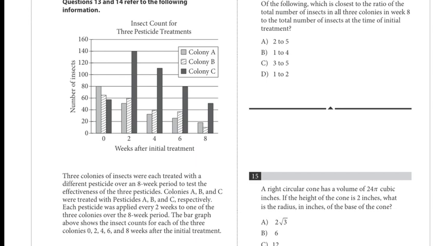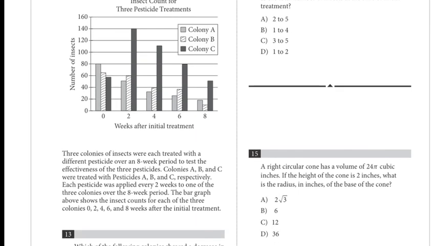Colonies A, B, and C were treated with pesticides A, B, and C respectively. Each pesticide was applied every 2 weeks to one of the 3 colonies over the 8-week period. The bar graph above shows the insect counts for each of the 3 colonies 0, 2, 4, 6, and 8 weeks after the initial treatment.